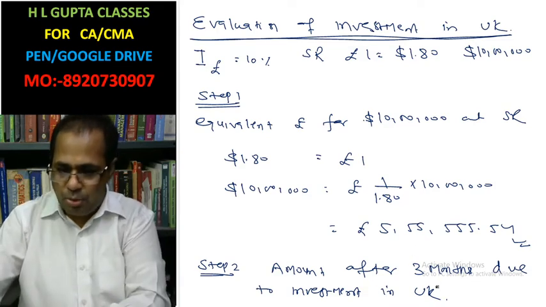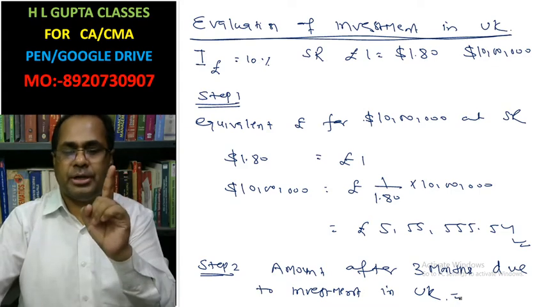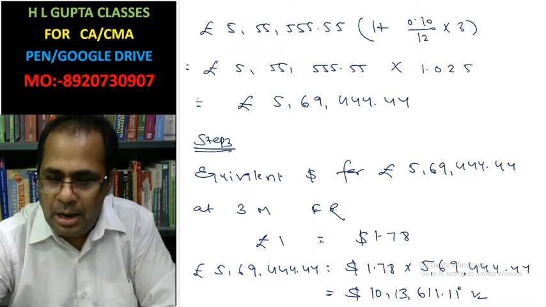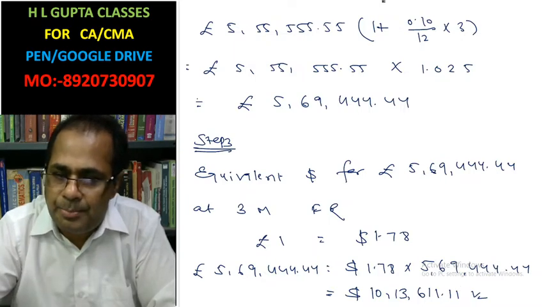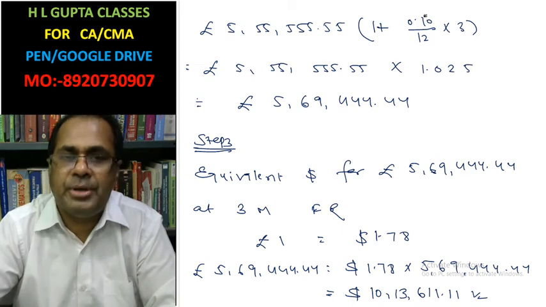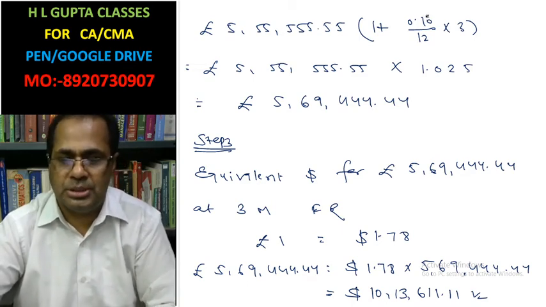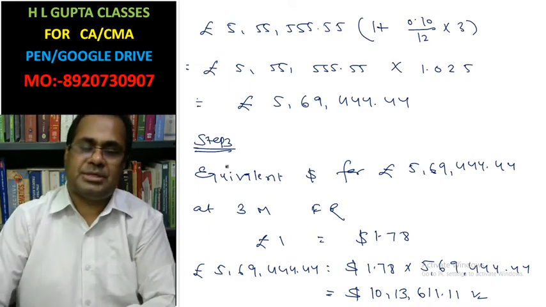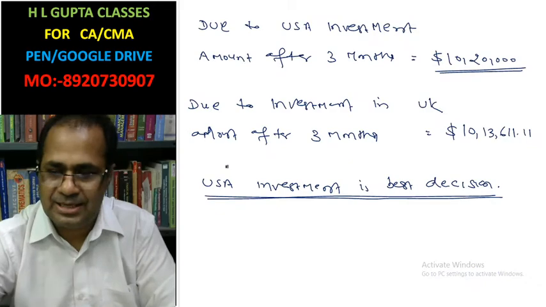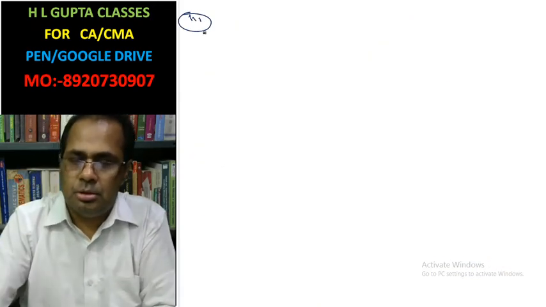Now the amount after 3 months due to investment in UK you need to calculate, and in the place of 10%, you have to keep 14%, and calculate steps 2 and 3. What is asked here?